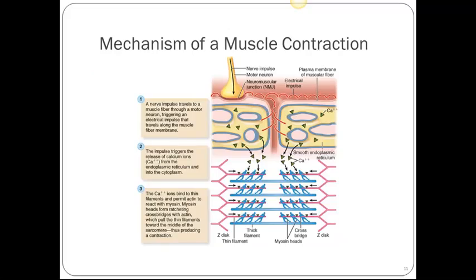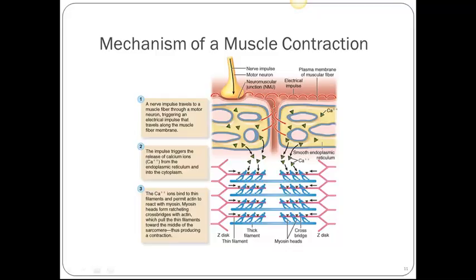So here is a picture of the mechanism of muscle contraction. Mainly what I want you to get from this slide is that calcium plays an important role in muscle contraction, and without proper calcium in our body, our muscles cannot contract.